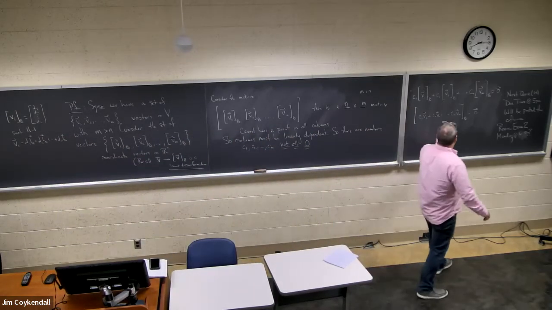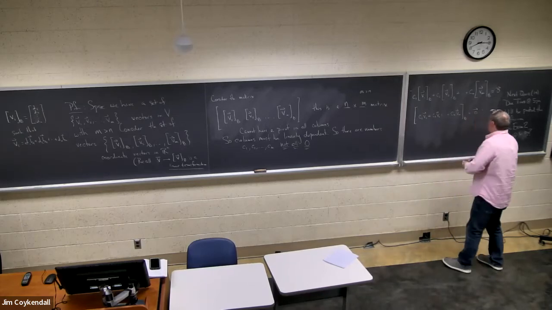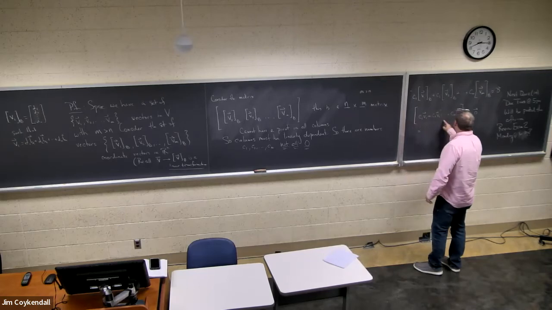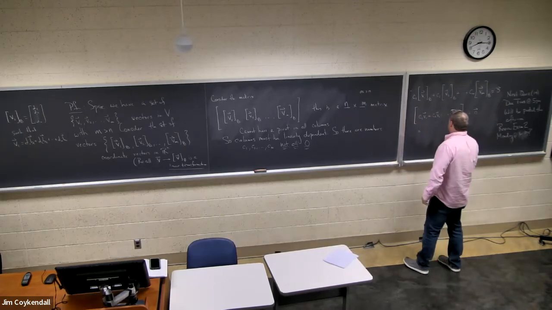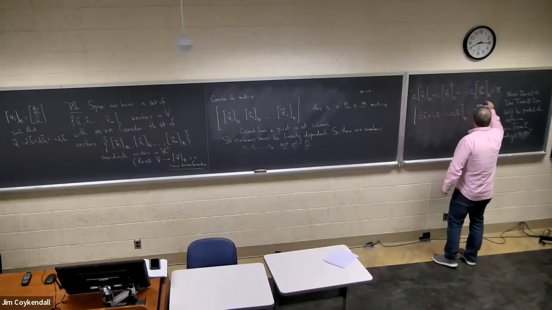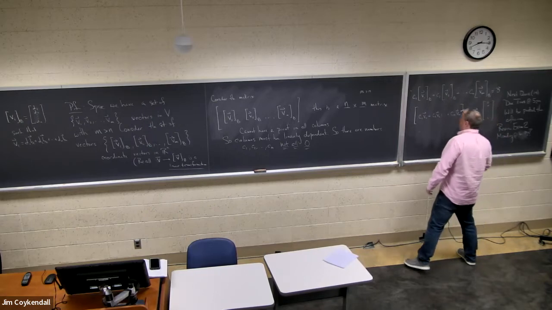And actually, this is a good segue into this, because what does this notation mean? It means that my coordinates here, of course, the zero vector means these are all zeros.